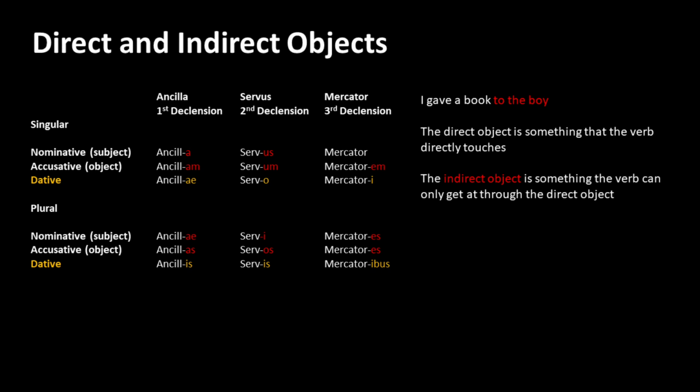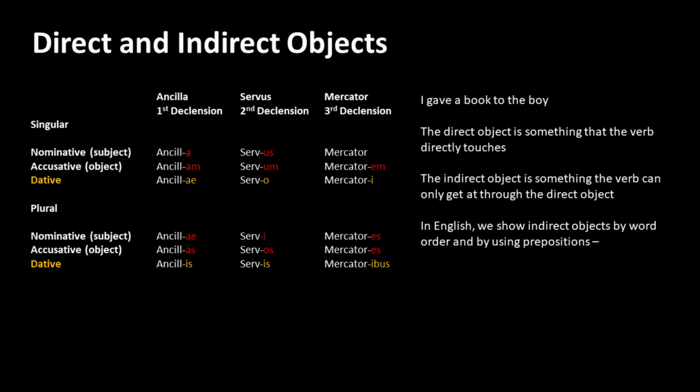Or we can say that the direct object is something the verb directly touches, and the indirect object is something the verb can only get at through the direct object. In English, you can see, we show indirect objects by word order and by using prepositions. I gave a book to the boy. And that's how we show direct and indirect objects in English.